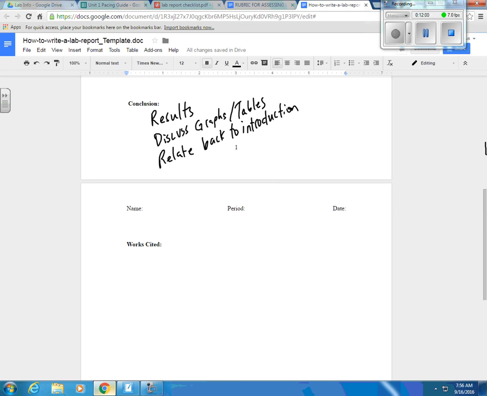If in your introduction you gave the definition of density and what that means, then you should say something like, as percent sugar increases, the density should increase as well, and it did or it did not. So all those things, that's relating back to your introduction.